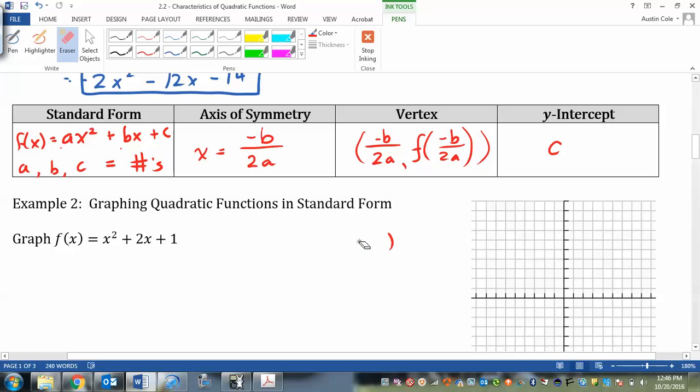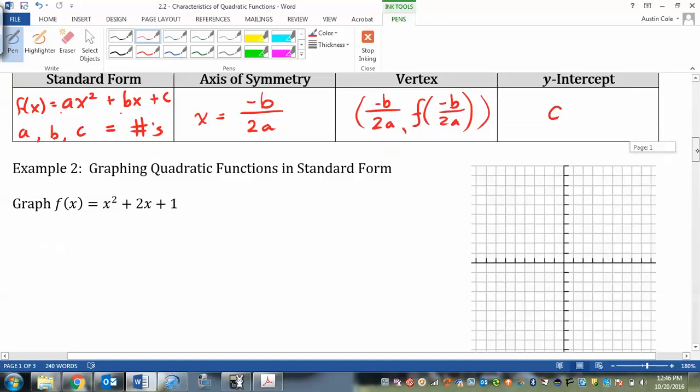Okay? Here we go. We're going to do this in an example, and we're going to refer back to this box here. First thing that we should do is find my axis of symmetry. Well, that means I need to do x equals opposite of b over 2a. Now, what's my b value here?